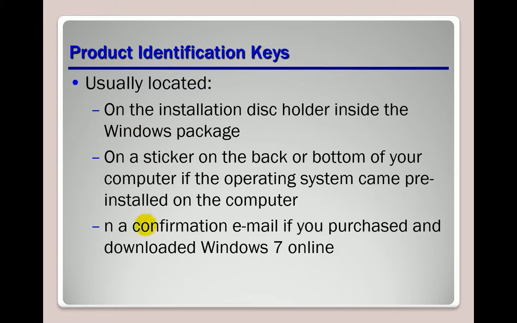If you purchase a new computer, you will often see the sticker with the activation or the product ID key on the sticker itself attached to the computer, usually on the back or the bottom of the computer. If you purchase the software by mail, you might get this through an email wherever you made the purchase.